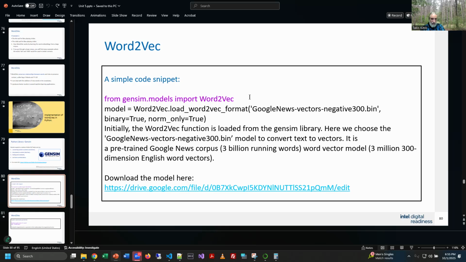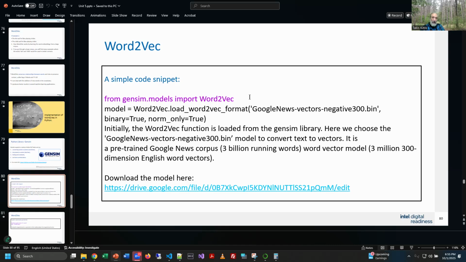So in other words, they've already built this, and notice how many words are in that corpus. 3 billion running words. And the word vector model is 3,300,000 dimension English word vectors. So they're just telling you how much data is in there.